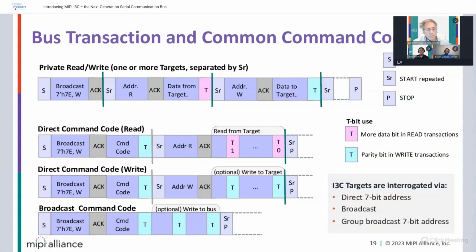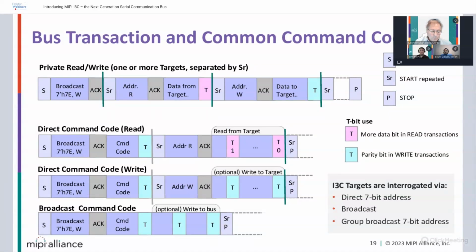So you want to read something from a target, you issue the address, and you get the acknowledge in open drain. At this point, I3C diverges from I2C in the sense that for all the subsequent reads, the acknowledge is not used anymore. It is replaced with what we call the T-bit.